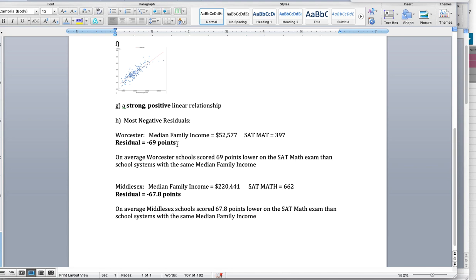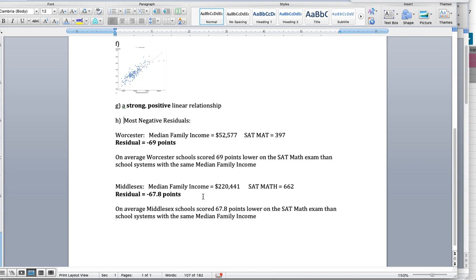In fact, it is 69 points lower. Let's put it in a nice English sentence here. On average, Worcester schools scored 69 points lower on the math SAT exam than school systems with the same median family income.